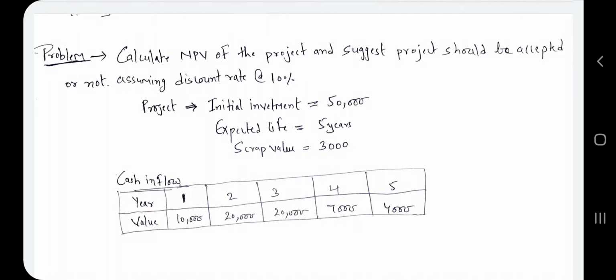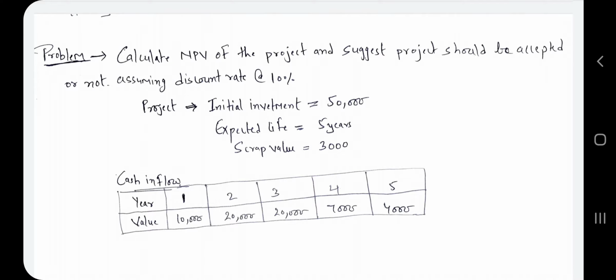After purchasing the car, we use it for rental purposes. So in the first year I get 10,000 rupees from that car. In the second year I get 20,000 rupees as rent from that car. So these are the yearly cash flows we have to use for finding the net present value.